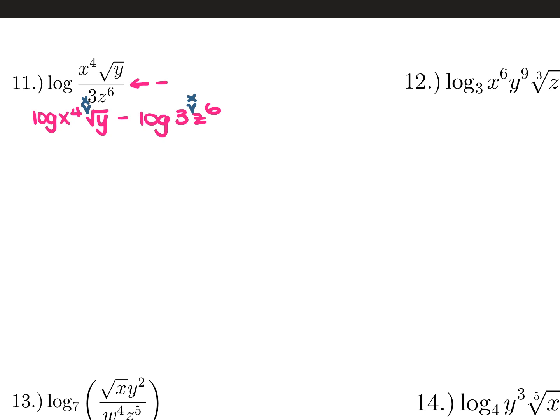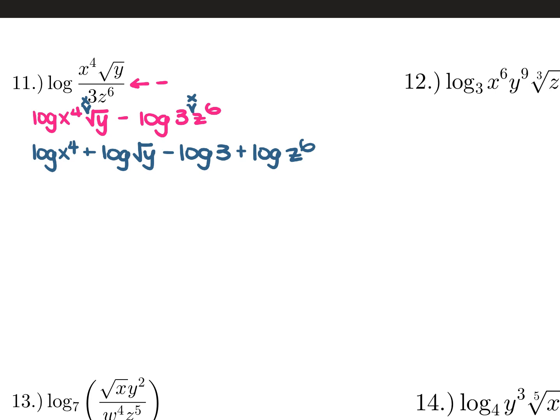So you have to rewrite this using addition between both of those parts on each side of that subtraction sign. So you're going to have log of x to the 4th power plus log of the square root of y minus log of 3 plus log of z to the 6th power.